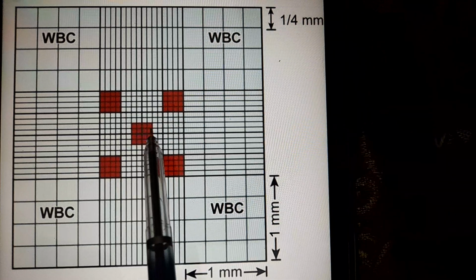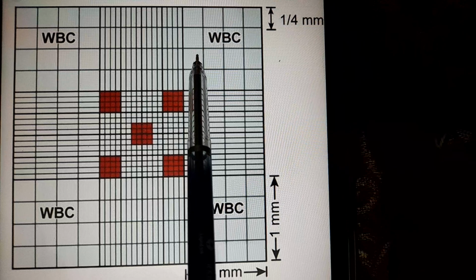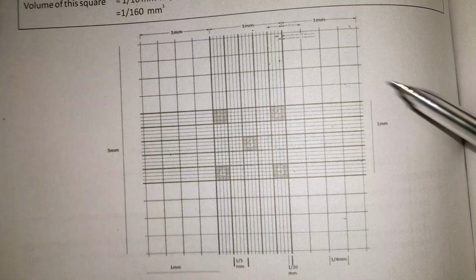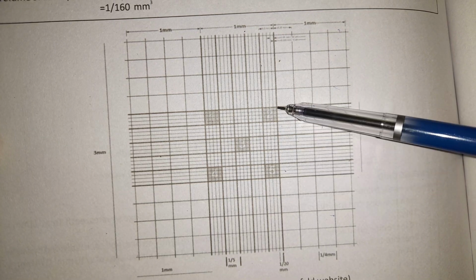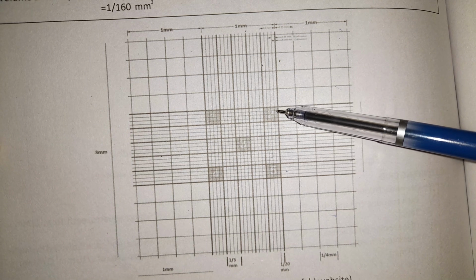So for red blood cell counting, we have 80 small squares, whereas for white blood cell counting, we have 16 medium squares. As you can see, we have this 1 millimeter length, which is further divided into 20 small boxes. 1 by 20 multiplied by 1 by 20, the area becomes 1 by 400, which is multiplied by 1 by 10, and the volume becomes 1 by 4000.